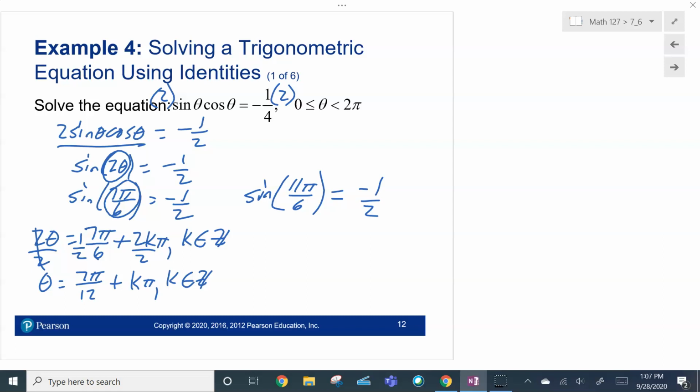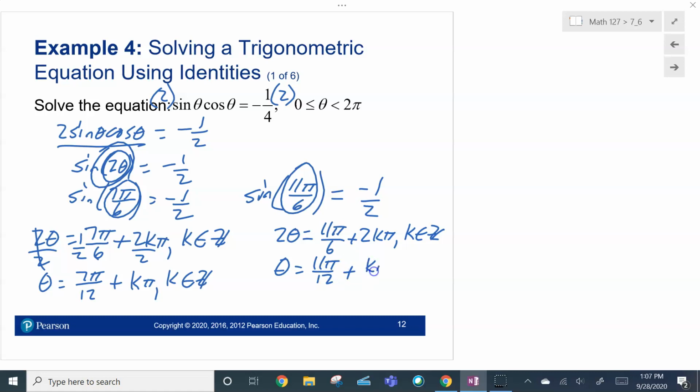Okay, there's one set. And then where does 2 theta equal 11 pi 6? And I'm going to do all plus 2k pi, where k is an integer. Divide by 2. So I got 11 pi 12ths plus k pi, where k is an integer.